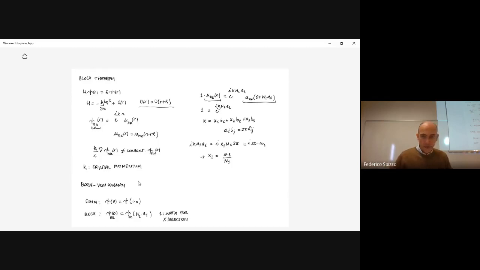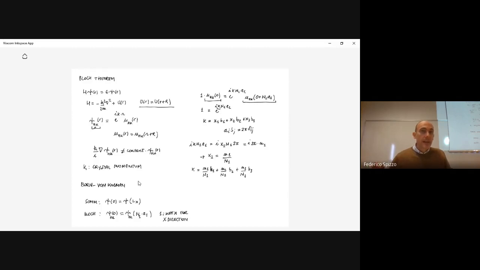Since you may apply the same calculation for Y and Z, what we have is that the arbitrary expression for K is N1 divided by capital N1 times B1. Then we have N2 divided by capital N2 times B2 plus N3 divided by capital N3 times B3. So in this case, we have that the K wave vector is given by a linear combination of the primitive vectors in the reciprocal space.